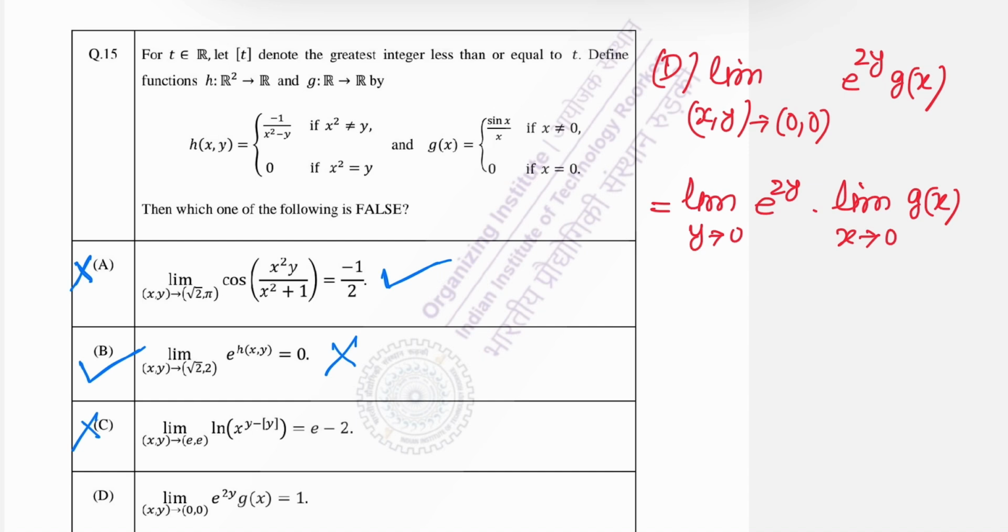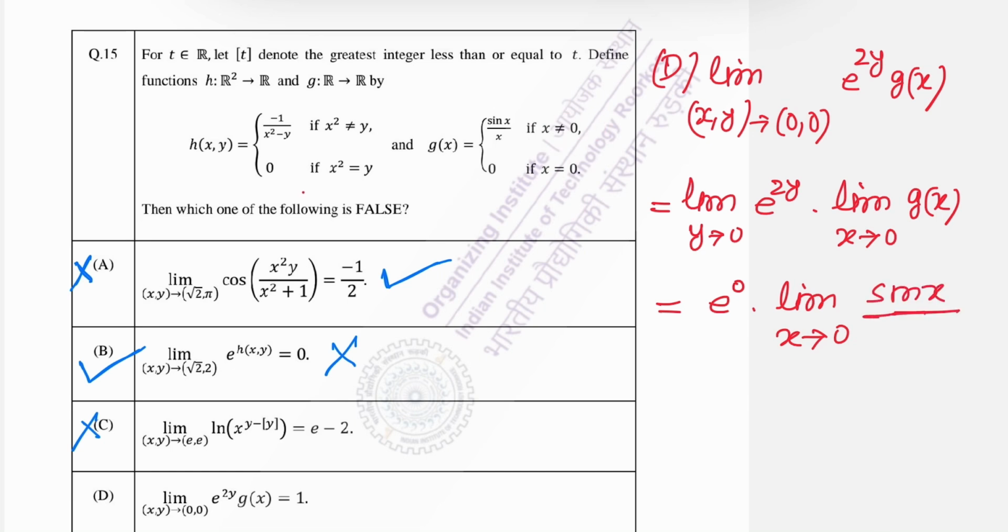And here the next thing will be e to the power 0 into the limit x tends to 0. Remember, x tends to 0 means x is close to 0, x is not equal to 0, and for that we have to take sin x by x.